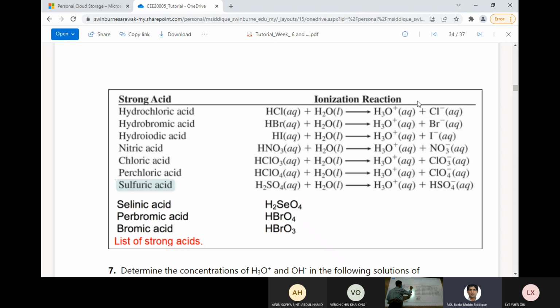This is 1, this is 2, this is 3. If we consider that hydrogen ionization is the characteristic of the strength, then it should be exact opposite. So can you tell me any idea why it is like that? I'm telling you the answer, but what could be the reason behind it?